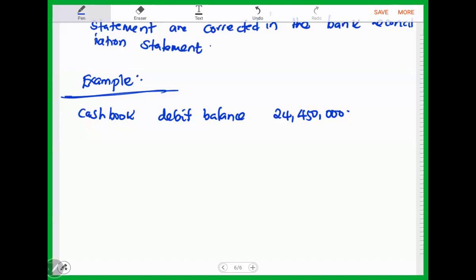But at the same time, the bank had received it, meaning that the bank had also shown that we had received the money, so we must go ahead and reverse that transaction to show that no money was received. So it is going to be corrected in the cash book and at the same time in the bank reconciliation.